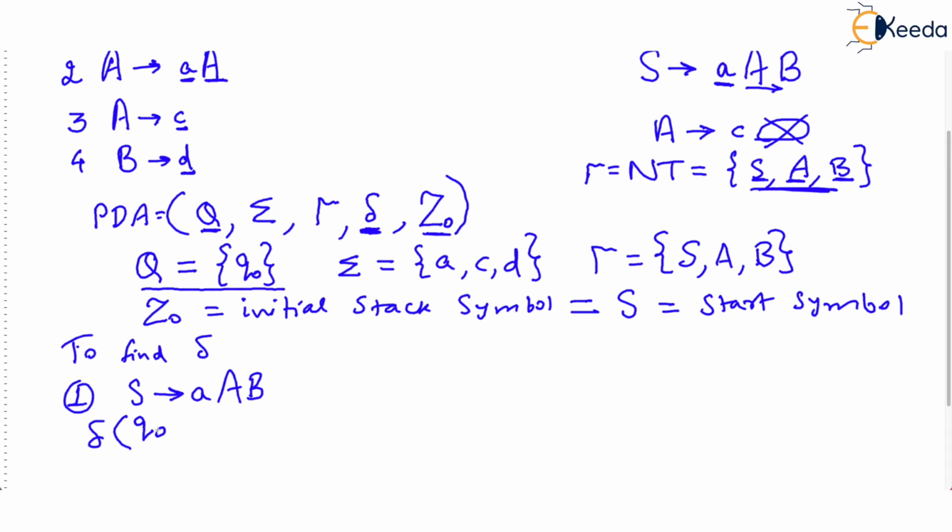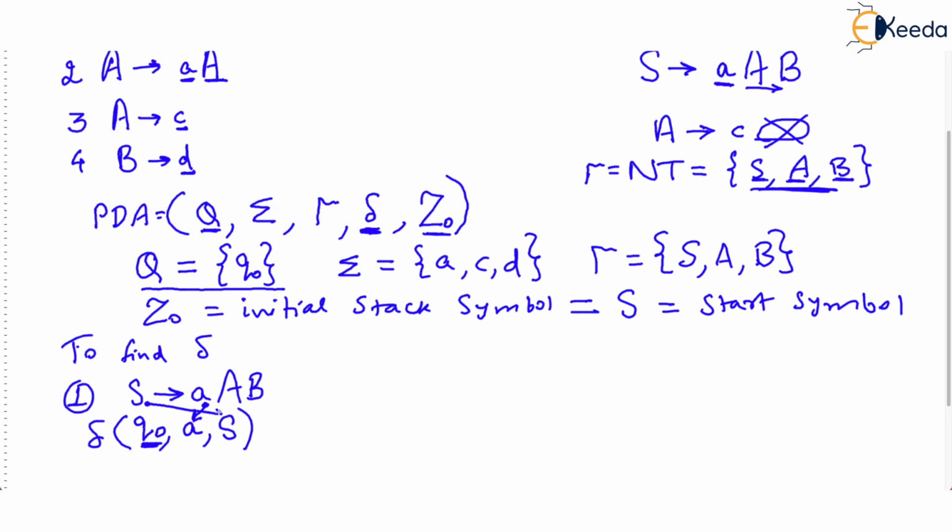So in state Q0 we say if the machine reads a and the top of stack is S. You can remember this as only Q0 is the state, so nothing extraordinary about this. But the right hand side, remember, started with a terminal. That terminal is written here, and the left hand side obviously is a single non-terminal.